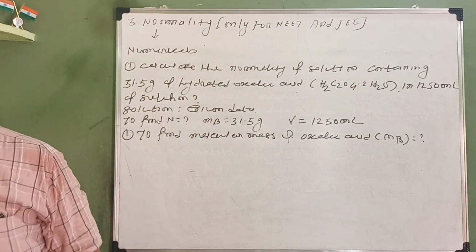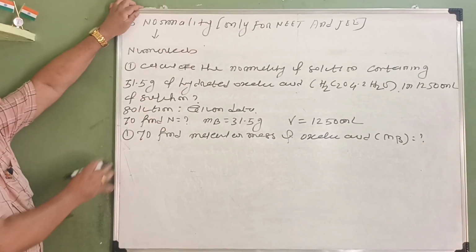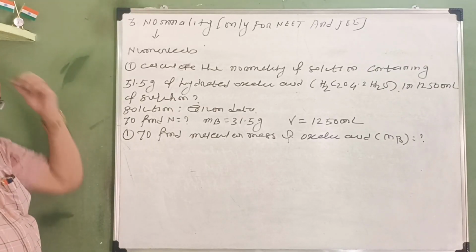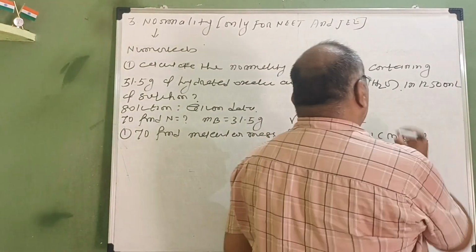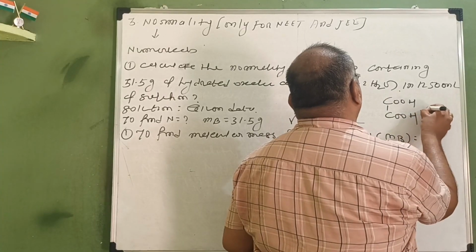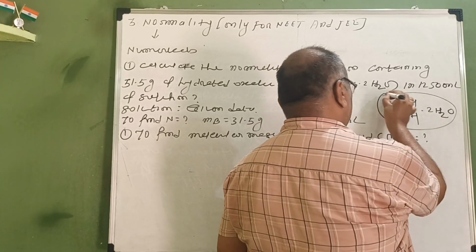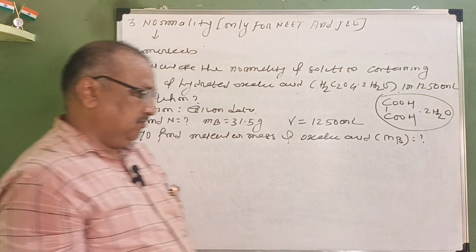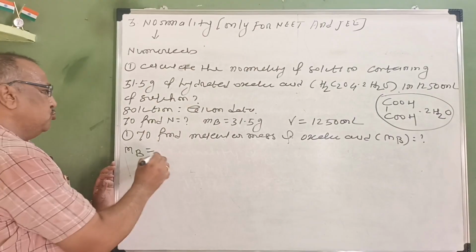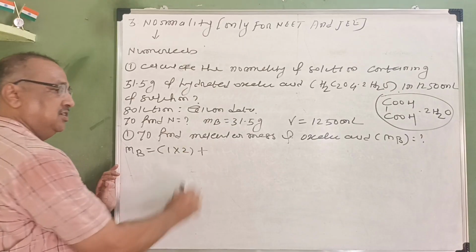That means MB. Formula of oxalic acid is H2C2O4 dot 2 times H2O. That means here COOH, single bond COOH dot 2 times H2O. This is the formula of oxalic acid here. That means here MB equal to H2. What is the atomic mass of hydrogen? 1 into 2 plus C2.